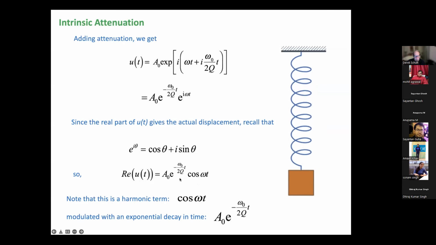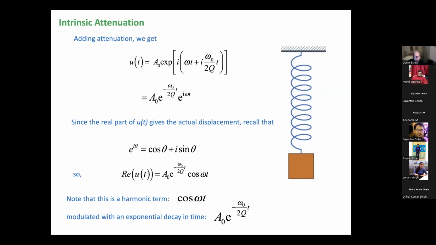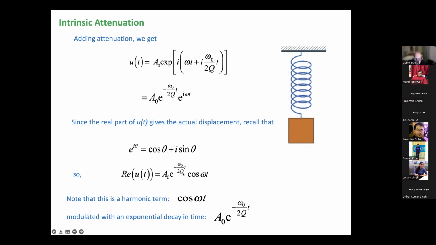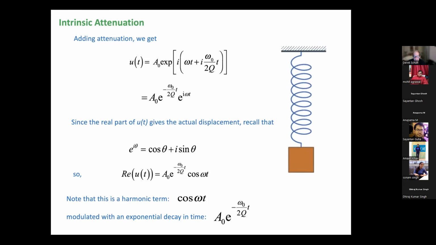So we have an exponential decay in time, and the value of that exponential decay is determined by 1 over Q. Q is called the quality factor, and a high Q means high quality, low exponential decay, or it takes a long time for exponential decay, whereas a low Q means high attenuation, and things will exponentially decay much quicker.